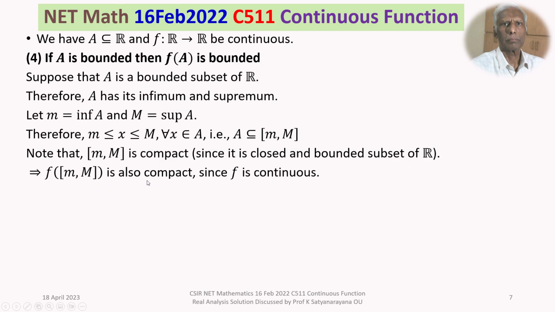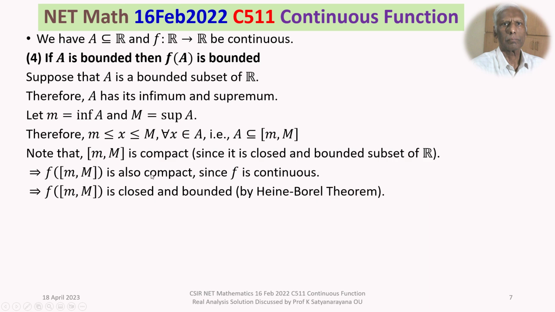Because it is compact and a subset of R, it is closed and bounded, using the Heine-Borel theorem. So f of [m, M] is a closed and bounded subset of R.